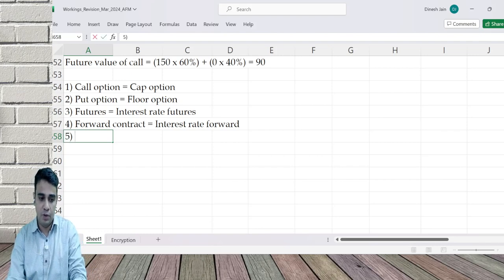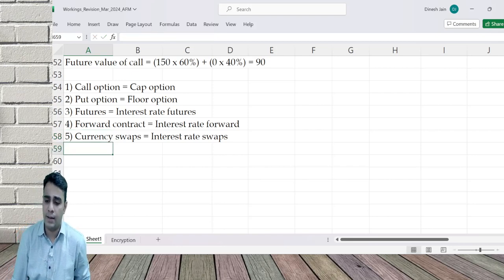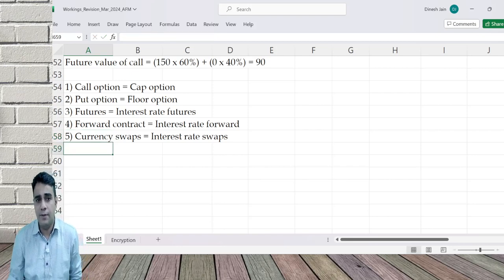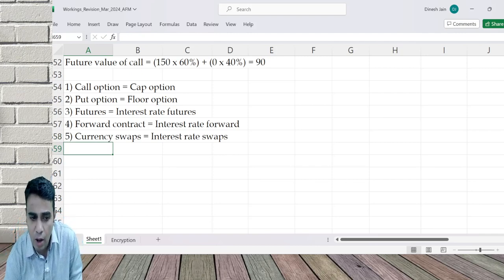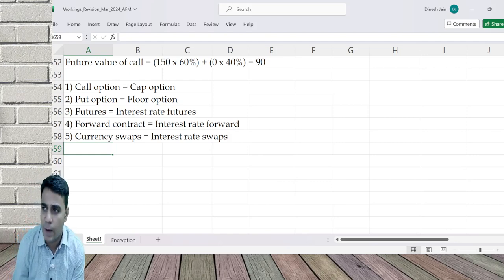And you will have currency swaps. Here it's called interest rate swaps. So whatever you had in a normal contract or normal chapters, everything comes here, just that the name undergoes a change. Call option, a put option, futures, forward and swap.